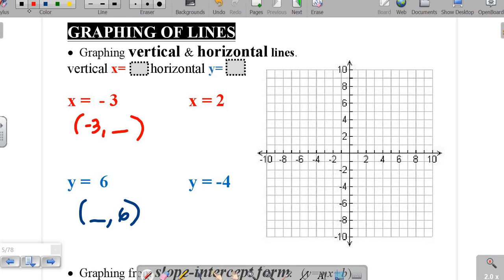So for example, -3, 0 would be here. -3, 1, -3, 2, -3, 3, -3, 4. So x equals -3 is a vertical line.